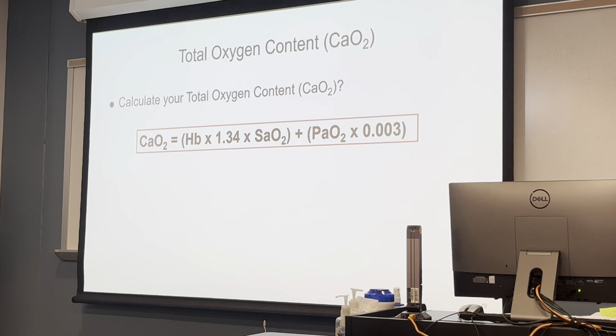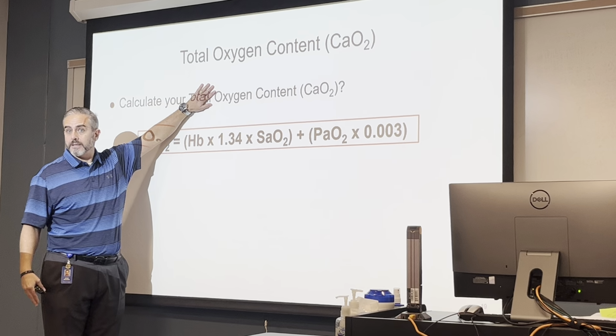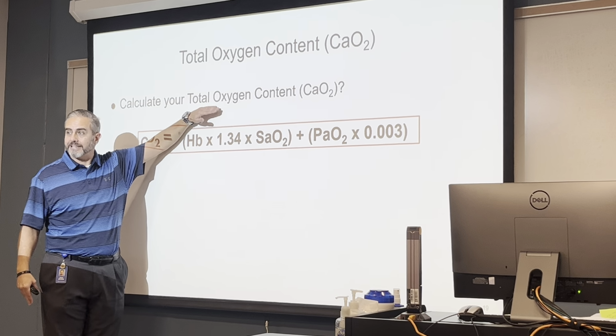Add them. That's why I emphasize, when I say this formula, total oxygen content. To get a total, you have to add things together. Some places will just call it the oxygen content. That's fine. I like to emphasize the word total.